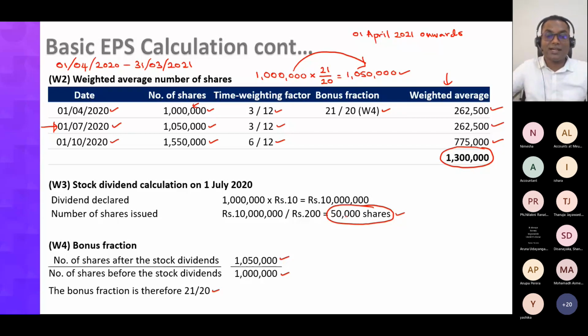So that has to be adjusted retrospectively, meaning even these 50,000 shares are to be taken for the previous year, 31st March 2020. Retrospective means you need to go back and adjust. Assume that 50,000 shares have been issued from the beginning of the current year. Not only that, it was there in the comparative years. You have to assume that these 50,000 shares are always there.